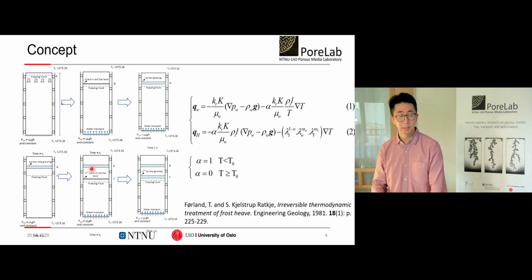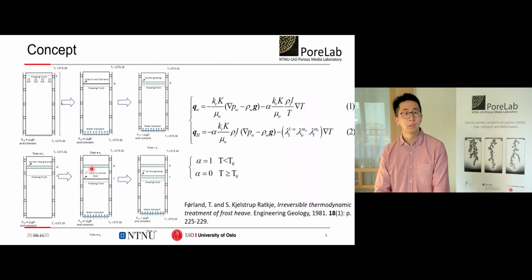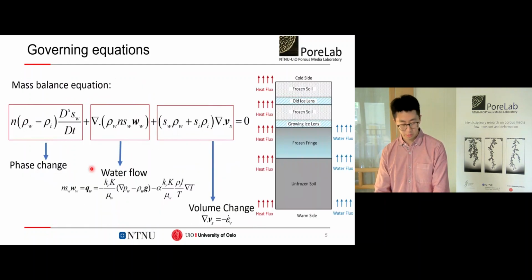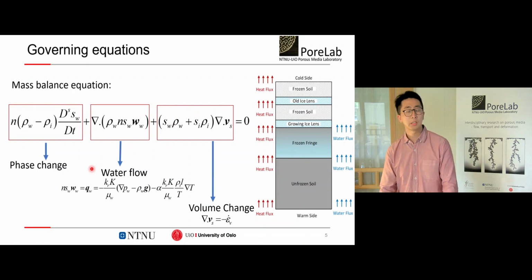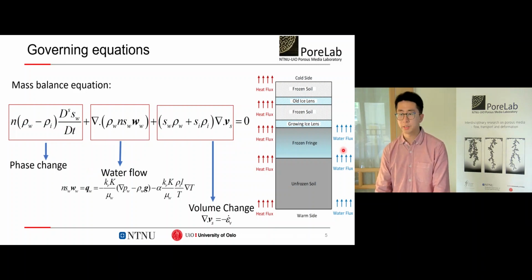After this, we can start to look at our governing equations here. There are three governing equations here, and the first one is the mass balance equation. As we can see here, the water flux will transfer from the warm side to the cold side, and there are three terms here.